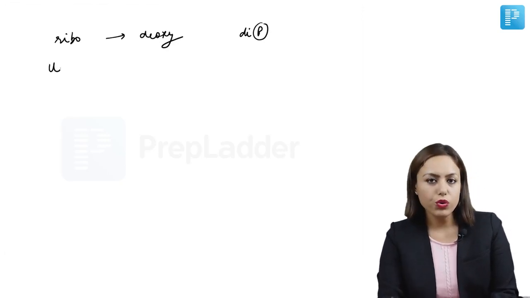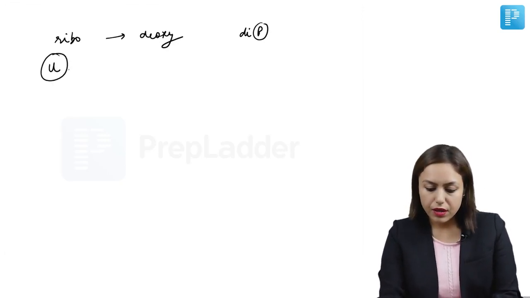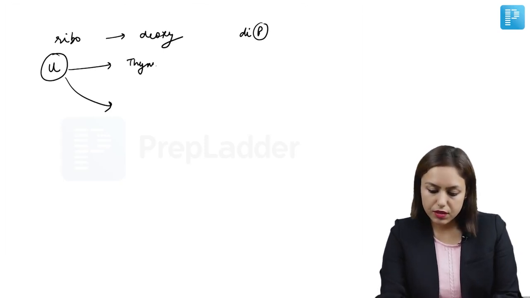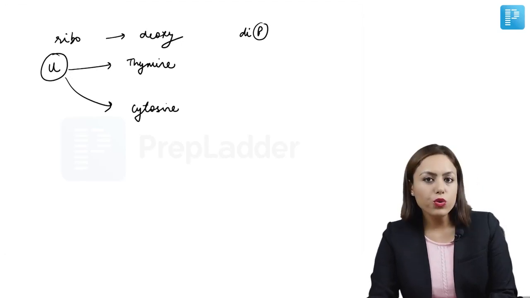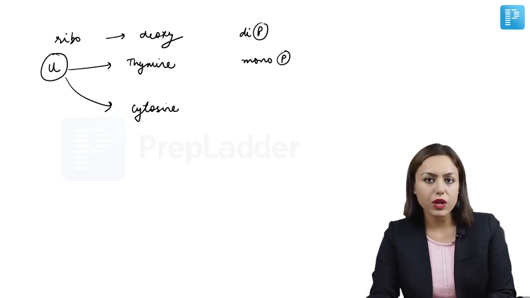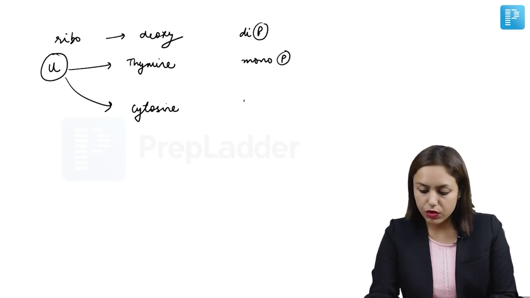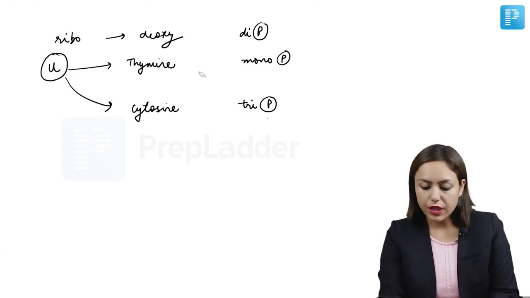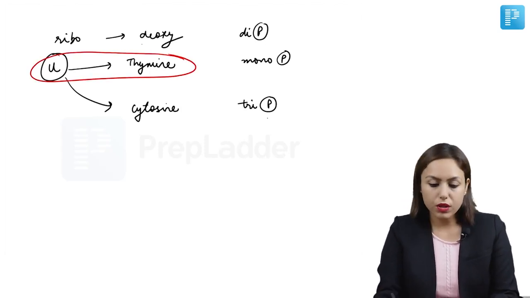Then uracil, a pyrimidine, gets converted to the other two pyrimidines, that is thymine and cytosine. So U to T conversion occurs at the level of monophosphate, and U to C conversion occurs at the level of triphosphate, okay. So first let's look at the U to T conversion.